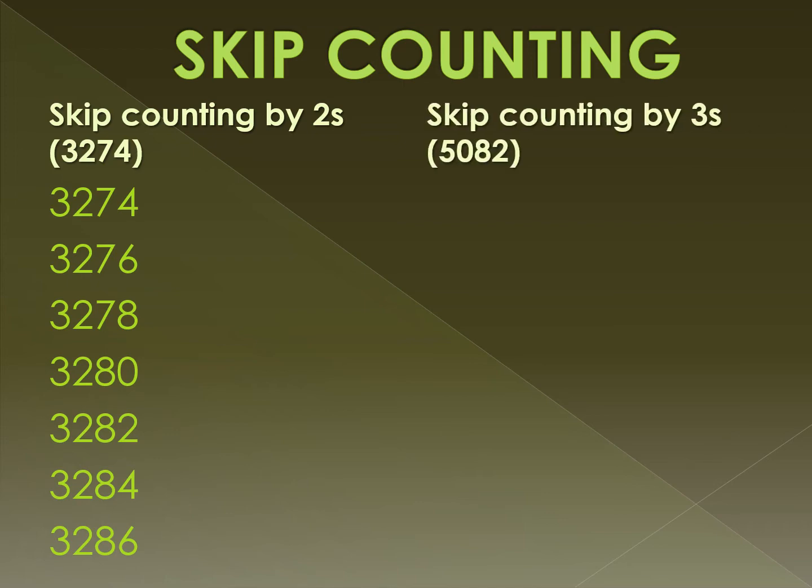Now let's look at how we do skip counting by threes. Let's say we have the number 5,082. To do skip counting by threes, each time we add 3 to get the next number.